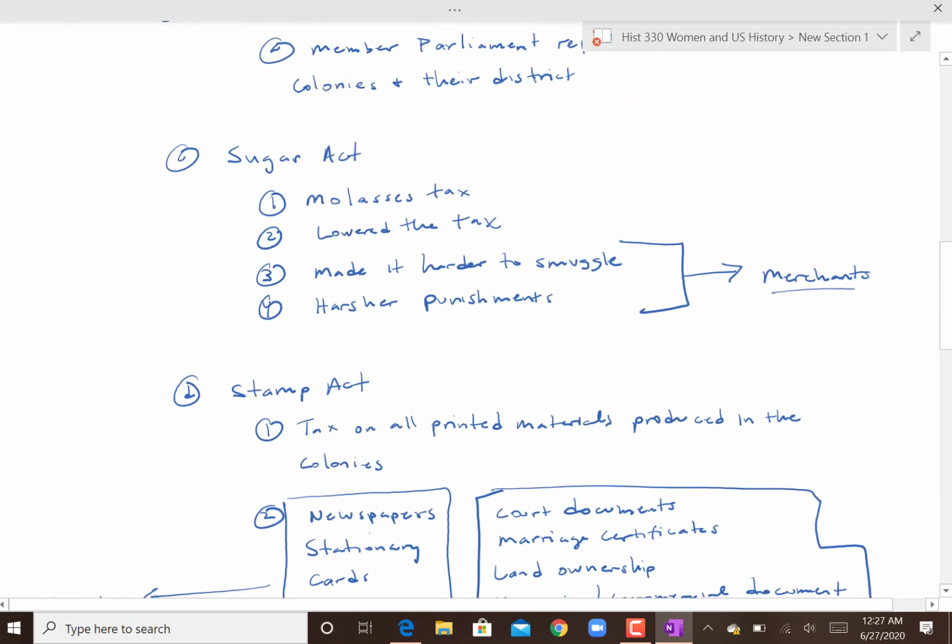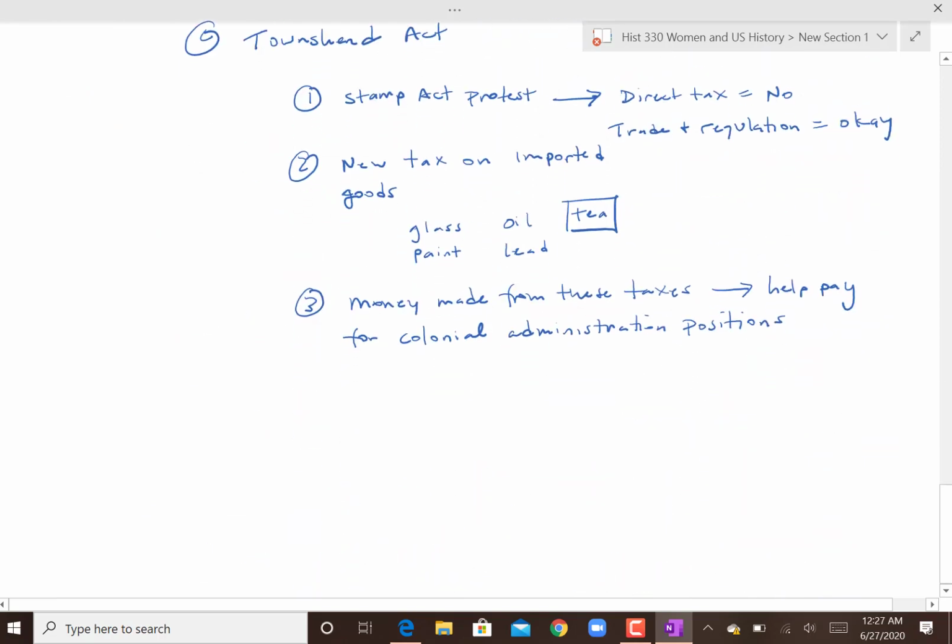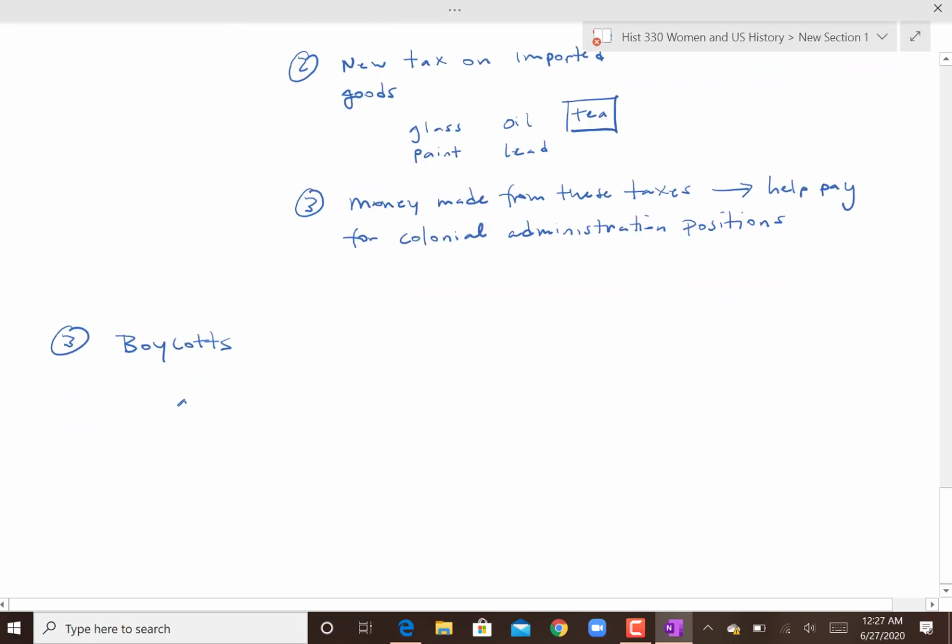This leads to, I'm trying to think, I'm going to put it under a separate thing. Because of the Townshend Acts, you get where women were most involved in directly changing the outcome of that situation. Like I said, they'd already been involved, but it was the Daughters of Liberty, and it still was a relatively smaller group of women.